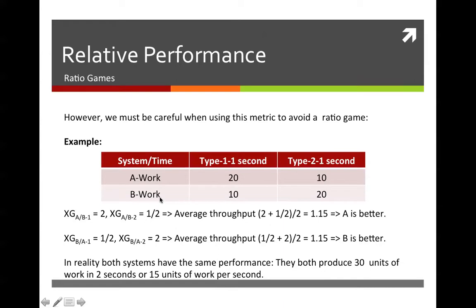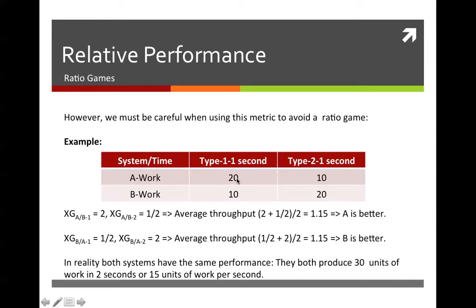B then takes the same 1 second but produces 10 units of work of that same type where A produced 20 units. And their roles are reversed here. Of type 2 work, B produces 20 units of work, whereas A had produced 10. So now we can write these throughput ratios, like A over B for type 1 is equal to 2, because that's 20 over 10.